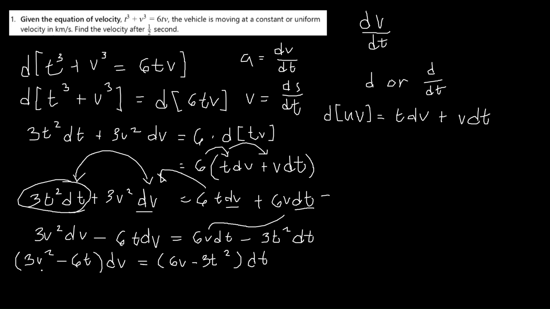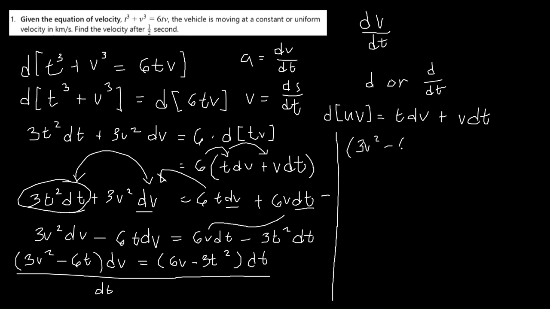So we can divide this whole thing by dt. So this will become dv over dt, right, 3v squared minus 6t, dv over dt, equals 6v minus 3t squared.